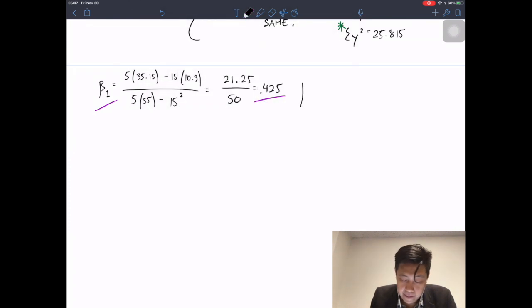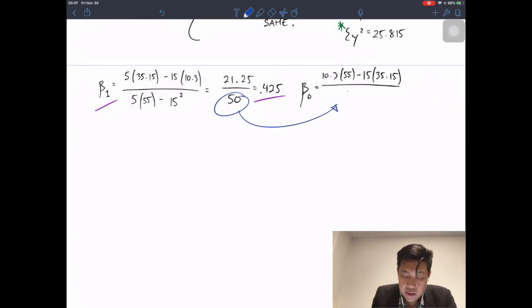And beta naught has this denominator, 10.3 times 55 minus 15 times 35.15. And remember, I took the time to say, hey, this is the same. So you just plug in this 50 again. Don't kill yourself, right?